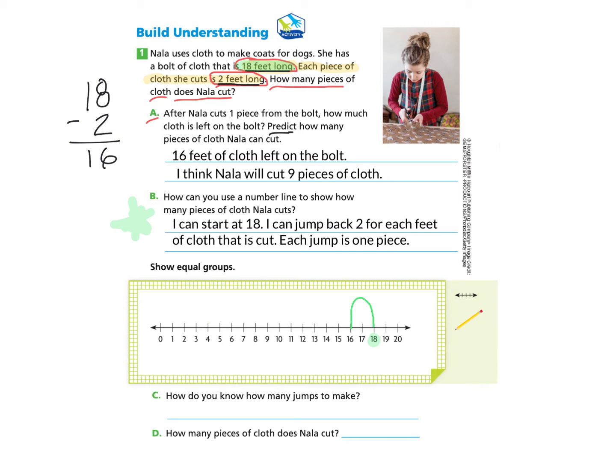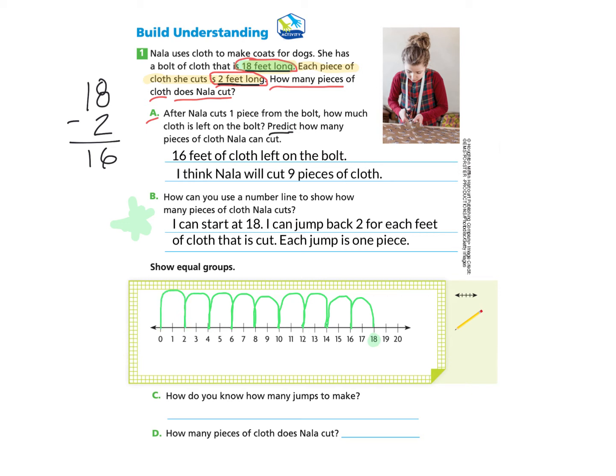So if you want to pause this video and go ahead and continue on with the number line jumping backwards too, you can do that now, or you can follow along with me. I'm going to go ahead and do the next one. 1, 2 to 14, 1, 2 to 12, 1, 2 to 10. I'm going backwards to 8, to 6, 4, 2, and then I have one more jump to end at 0.